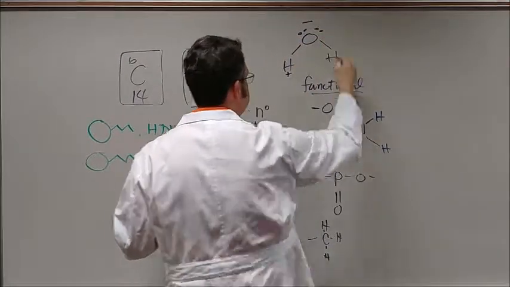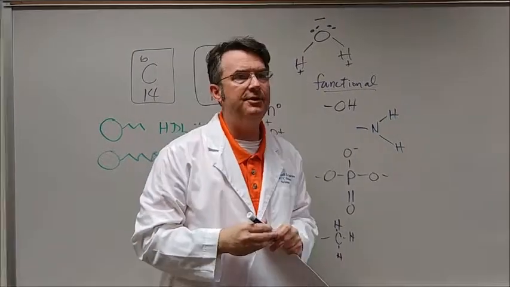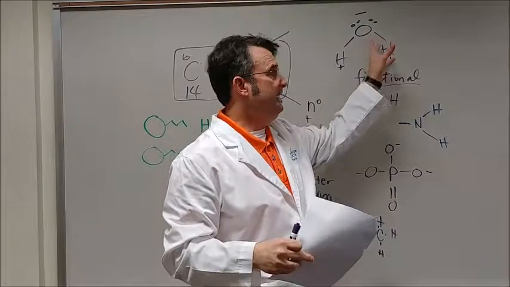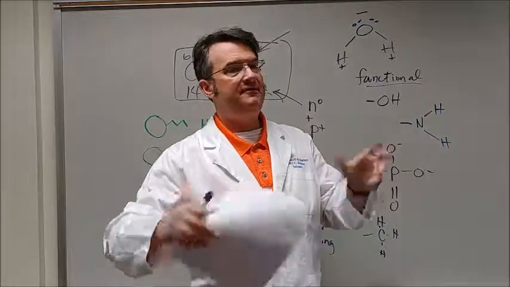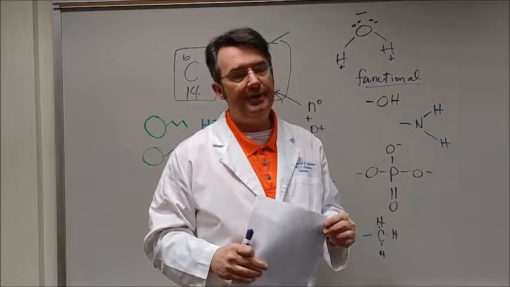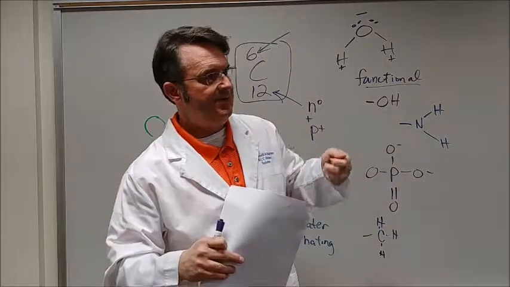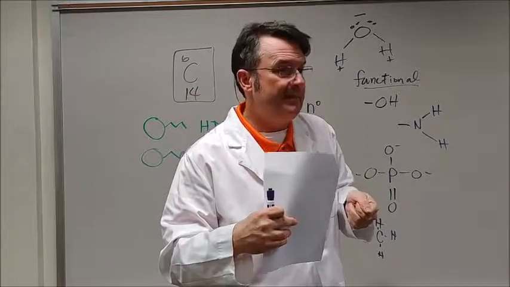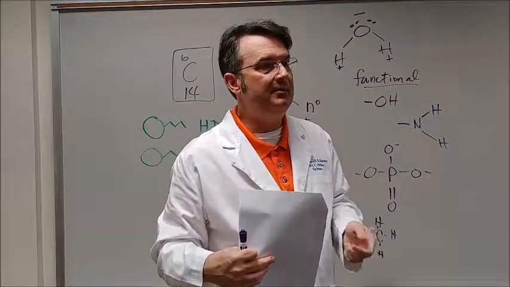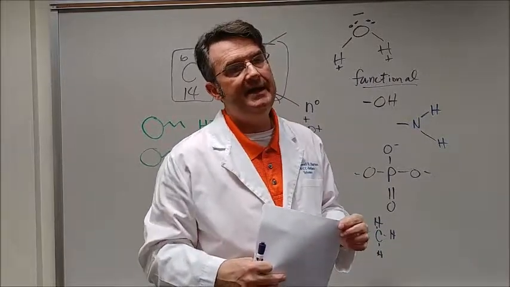These ends are positive, so that's considered to be a polar covalent molecule. And when water mixes with itself, it flip-flops back and forth, and that's what causes the cohesive nature of water. When you take water on a microscope slide, you can actually pick up another microscope slide with it because of a property called adhesion.